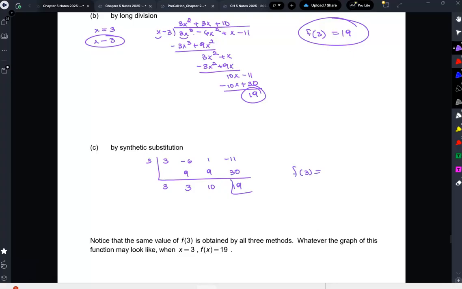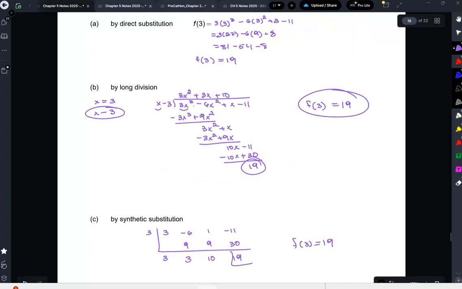Voila, f of 3 is 19. Magical. And so now some of you are like, you know what, Ms. Malikan, this is fine. But I had no problem doing it like A method, direct substitution.